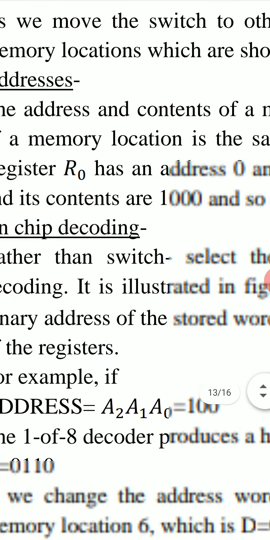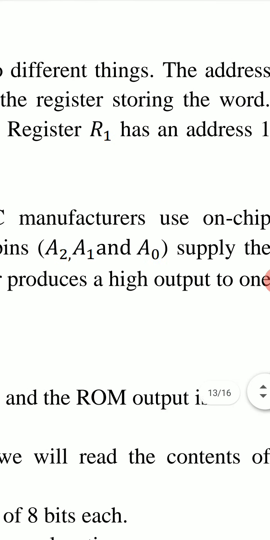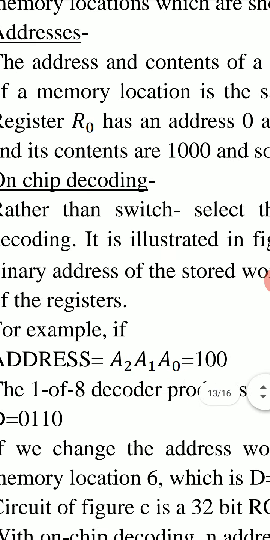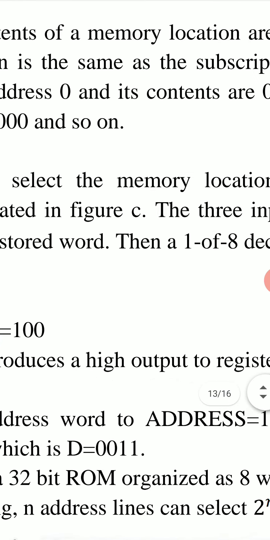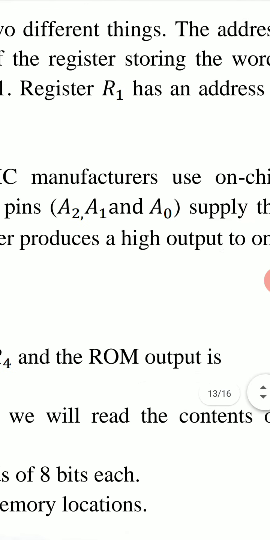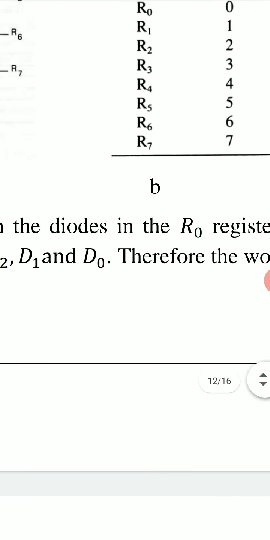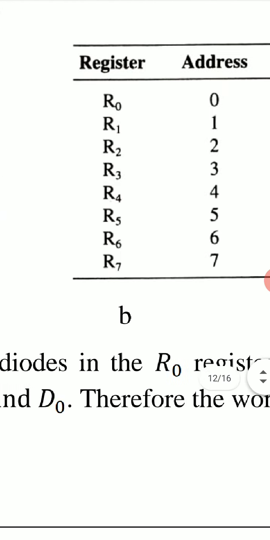The address and contents of a memory location are two different things. The address of a memory location is the same as the subscript of the register storing the word. Subscript of register R0 is 0, which is its address. Subscript of register R1 is 1, which is its address.